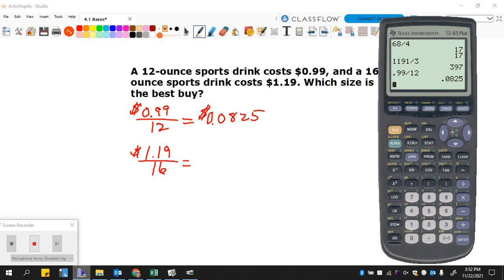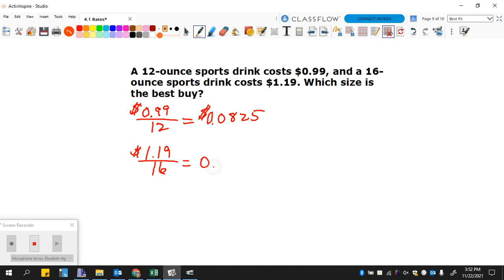The next one, $1.19 divided by 16, is 0.074375. If we compare the two numbers, the first digit is the same, and 8 is larger than 7, so the 16-ounce is the better buy.